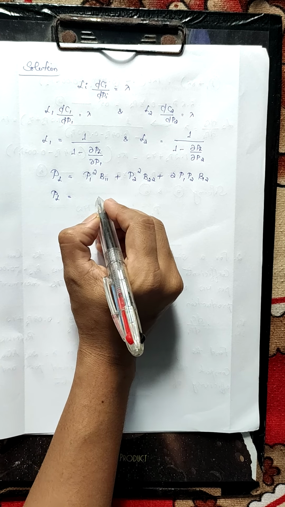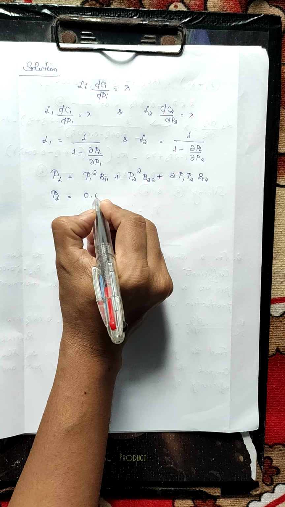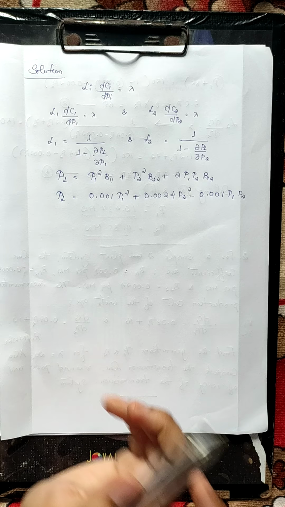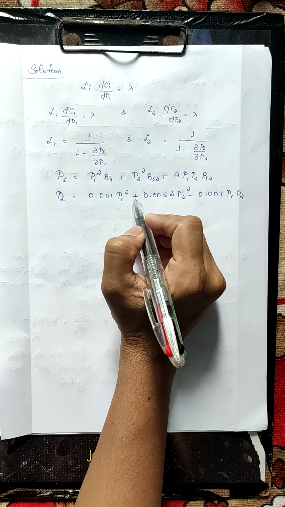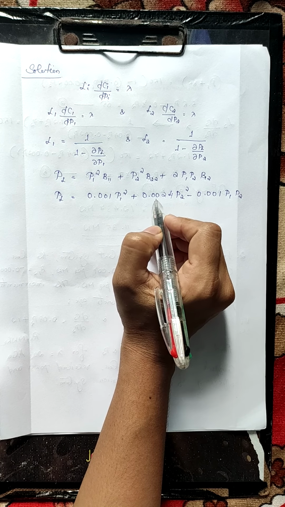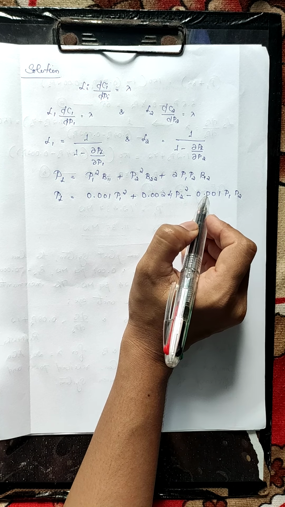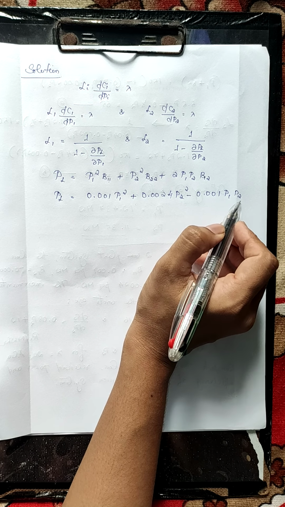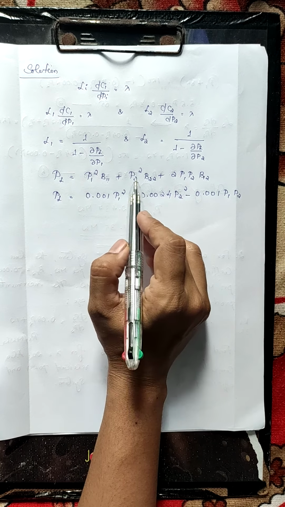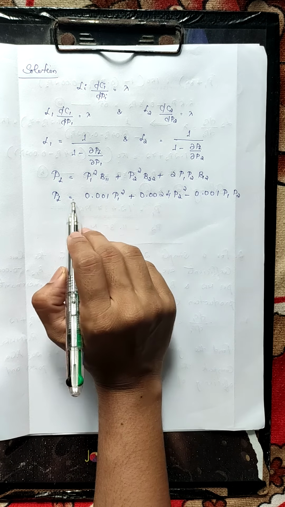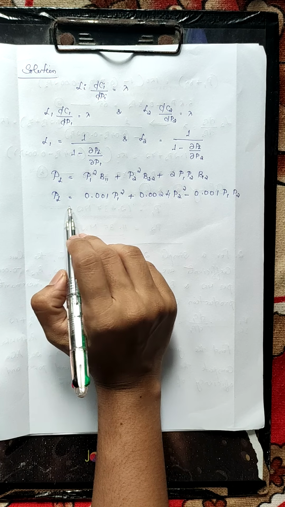So PL equal to 0.001 P1 square plus 0.0024 P2 square minus 0.001 P1 P2. So after substituting the values of B11, B22 and B12, the transmission loss equation will be like this.